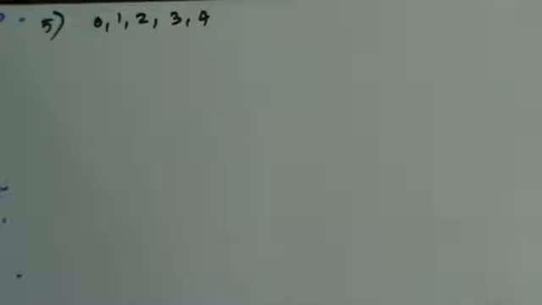Third part of the question, how many of them are divisible by 5? Fourth part of the question, how many of them are not divisible by 5?